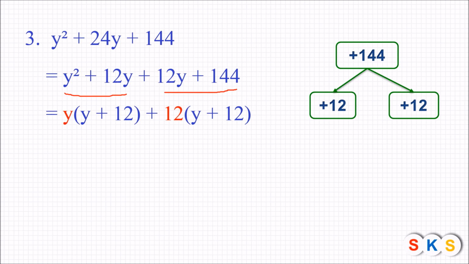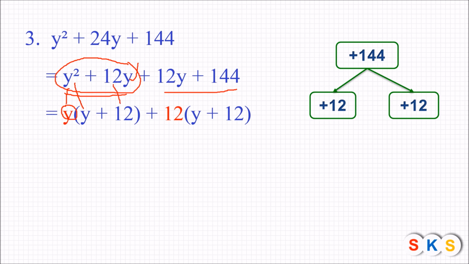How did we get this? Look over here. The common factor between these two terms is y, because y square means y into y, and 12y means 12 into y. So the common is y, which I have taken out. One of the y is left here. What is left in the second term? 12. Are you getting me?